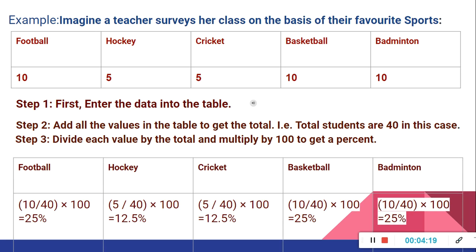In the case of hockey, 5 upon 40 into 100, that is 12.5 percent. Cricket, 5 upon 40 into 100, that is also 12.5 percent. Same way, basketball and badminton each are 10 upon 40 into 100, that is equal to 25 percent. Isn't it? Now let's see step 4.